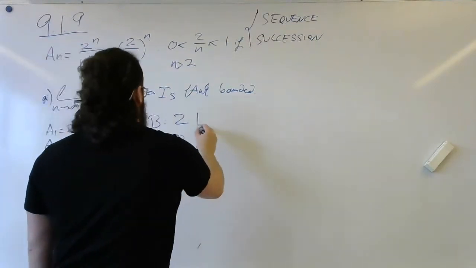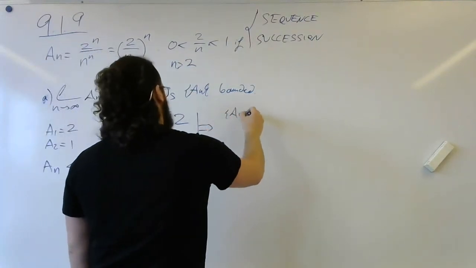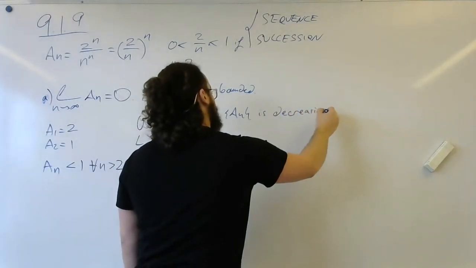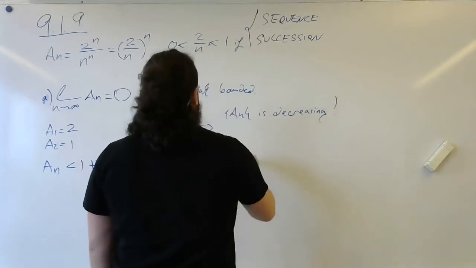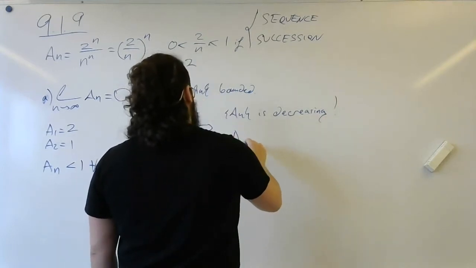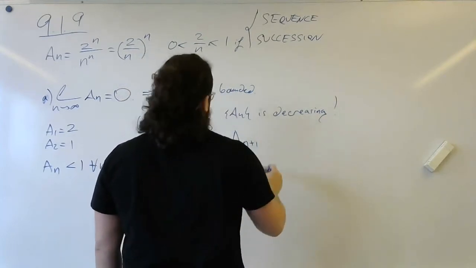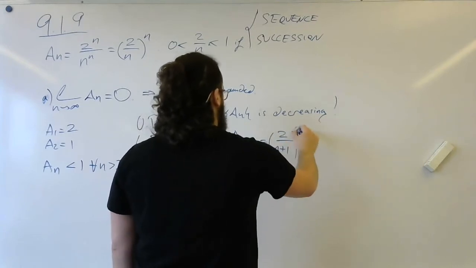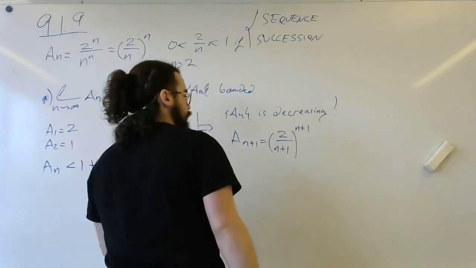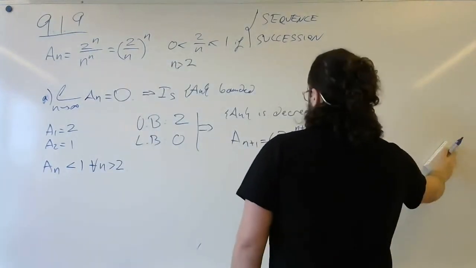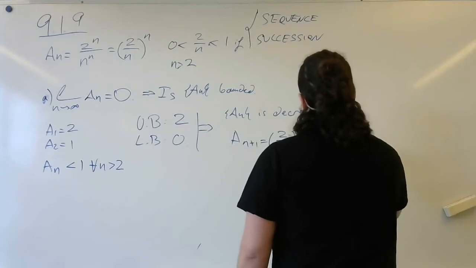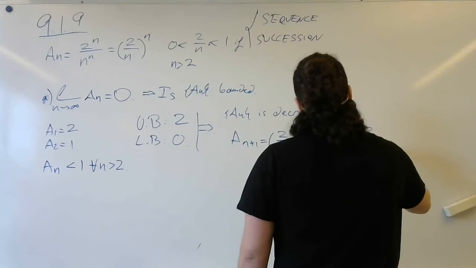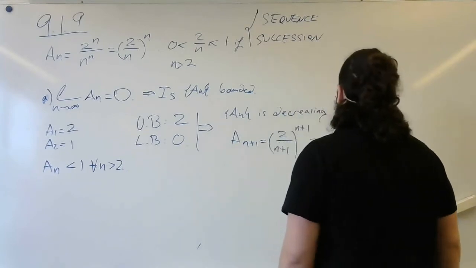Why? Because this thing is decreasing. How do we see that? Let's take A(n+1). A(n+1) is (2 over n+1) to the power n+1, which is 2 over n+1 times (2 over n+1) to the n.